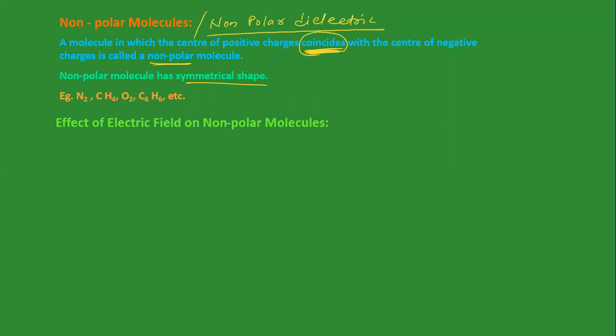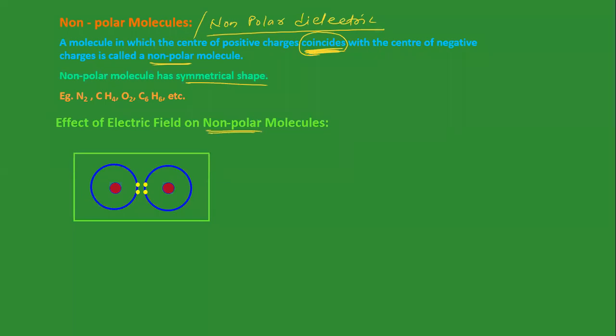Now we have to learn the effect of electric field on non-polar molecules. This is the diagram in absence of electric field. When electric field is zero, the centers of negative and positive charges coincide, so dipole is not produced here.